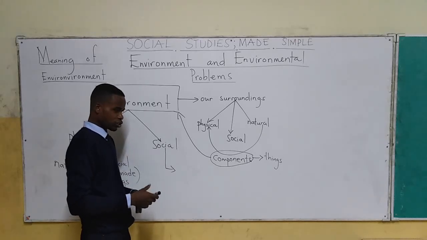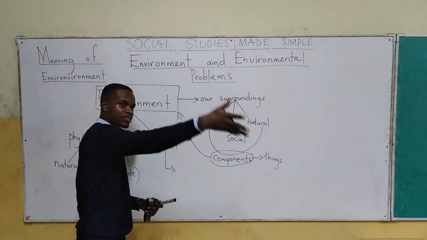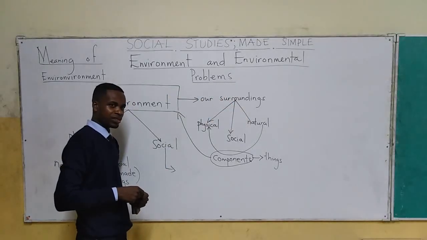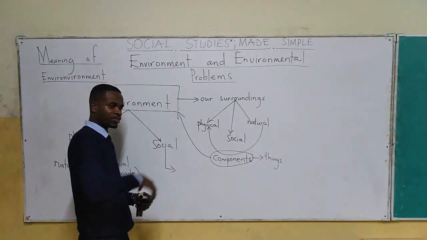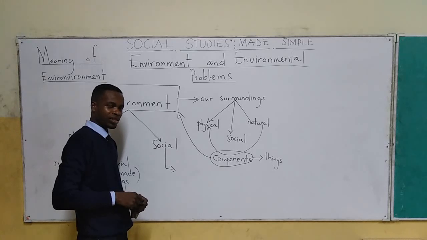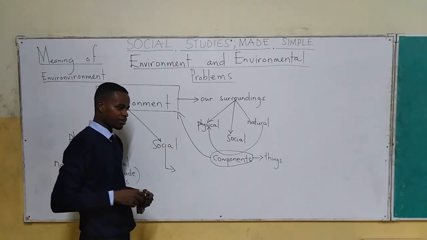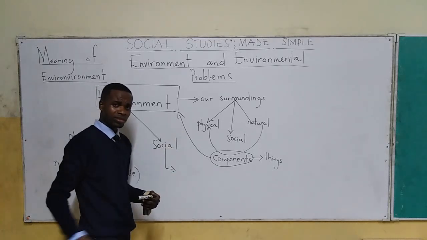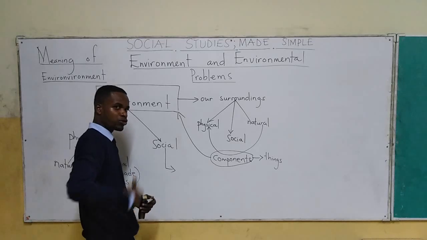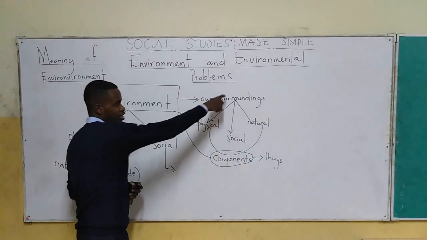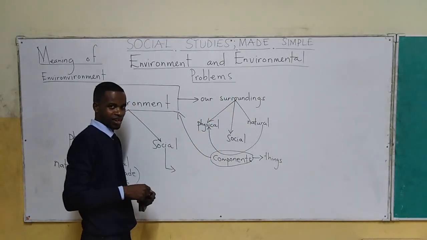These things, they show how we relate with people in our environment. People are always aware of the trees around them, the water bodies around them, the mountains around them. Humans. When we talk about humans, how do you relate? Because they are also found in your immediate surroundings.